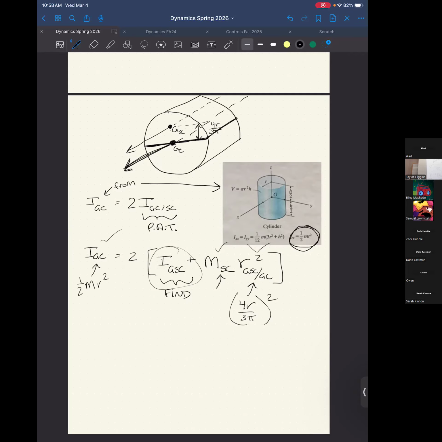When you're solving for everything else, it's just a singular value, so it's not like an equation. If you left all of these masses and radii as unknowns, it would be, but you can just plug in numbers. But notice that the mass for the full cylinder is going to equal 2 times the semi-cylinder mass.